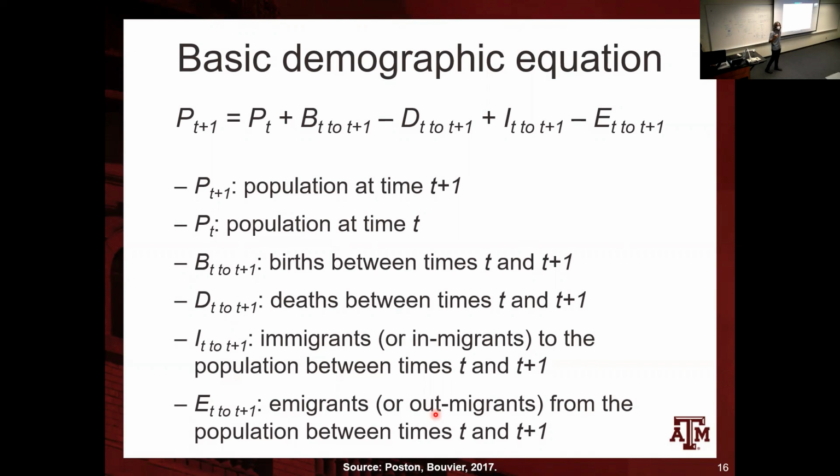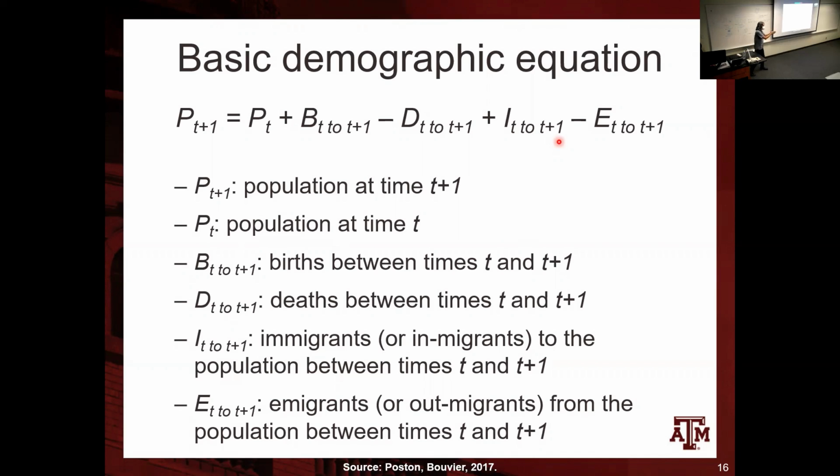And it provides us information to do what's known as demographic projections based on previous trends and levels of population size, births, which is related to fertility, deaths, which is related to mortality, and immigration and emigration related to migration.